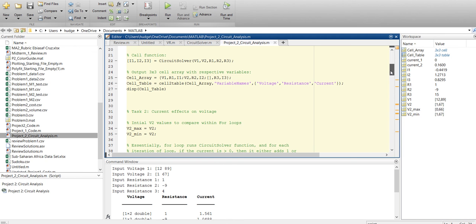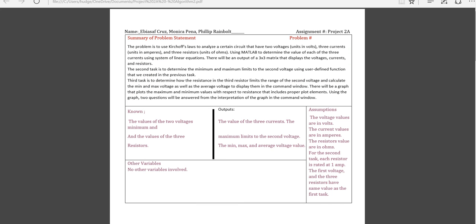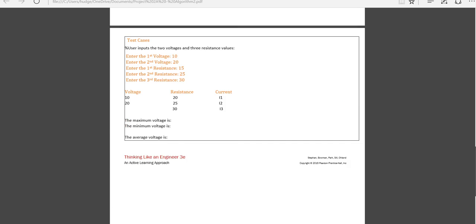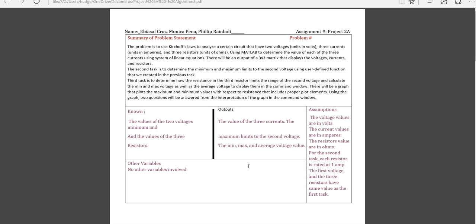And so circuit analysis is important because circuits deal with electricity, and in our homes, we use electricity power. And so this is our code for the problem of circuit analysis.